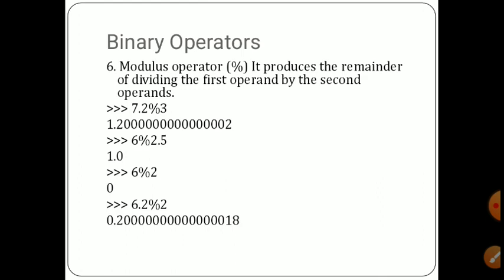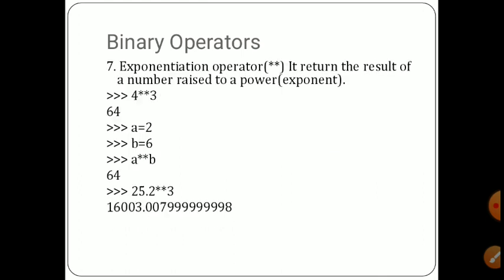So it will return, 7.2 modulus 3, it returns 1.2000. Okay, so how is it possible? Do this practical, it will clear your concepts.